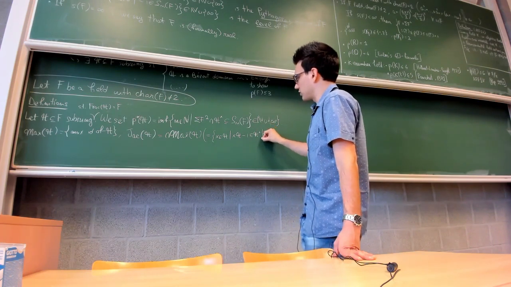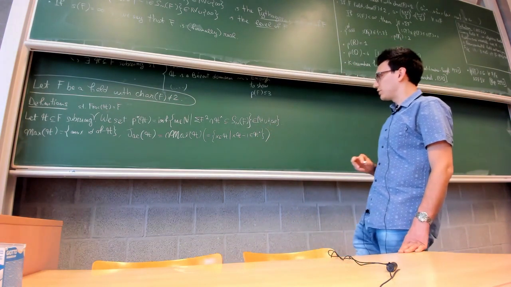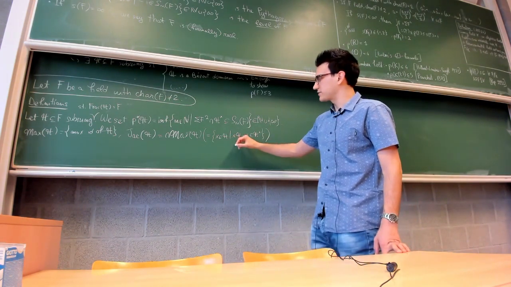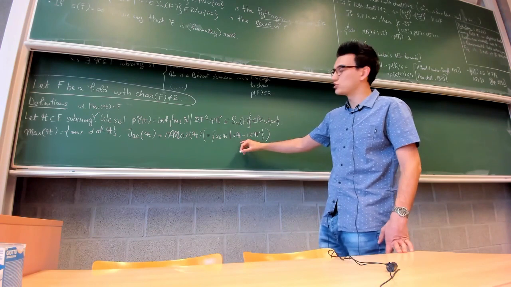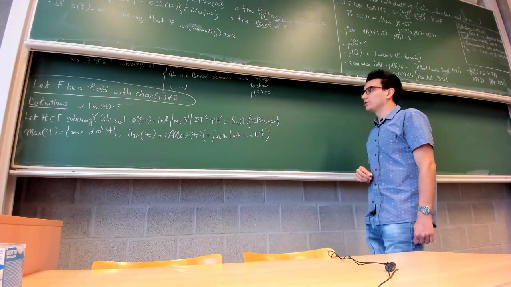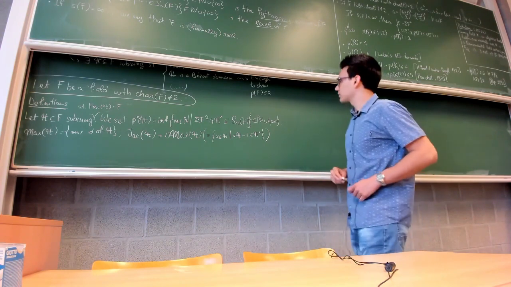The Jacobson radical ideal of H is made by all the elements x of H such that 1 minus x times any element of H is invertible. Good.